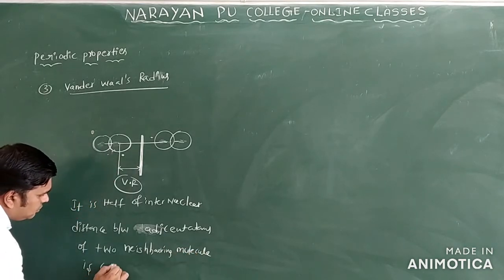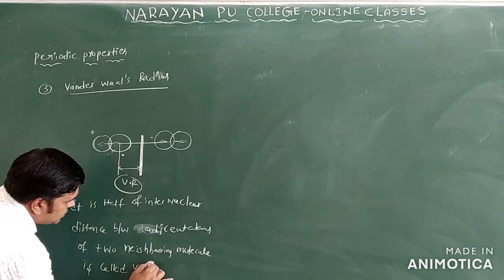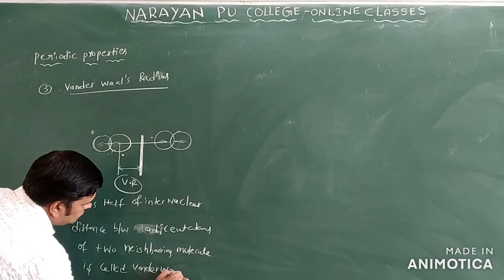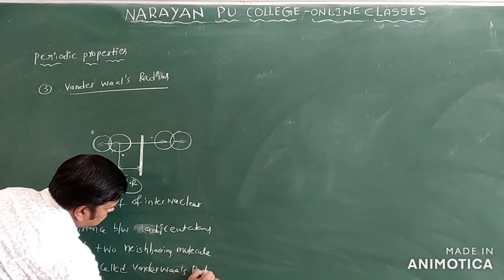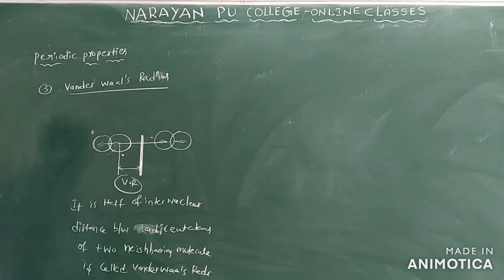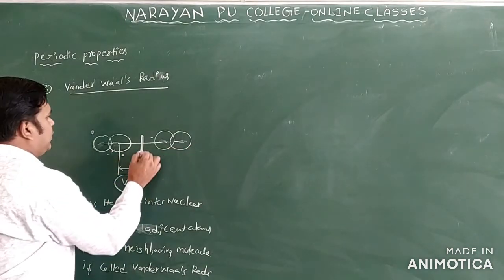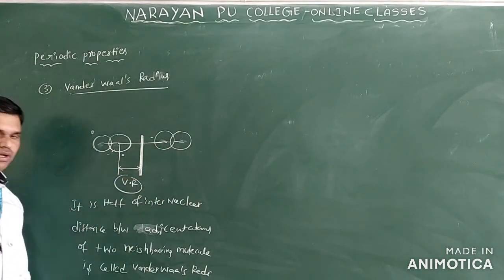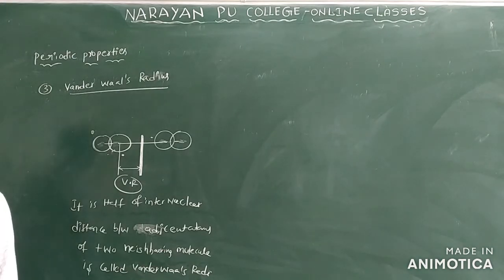This is called van der Waals radius. You are taking half of the internuclear distance, and these are the two neighboring molecules. So this half of internuclear distance is called van der Waals radius only.